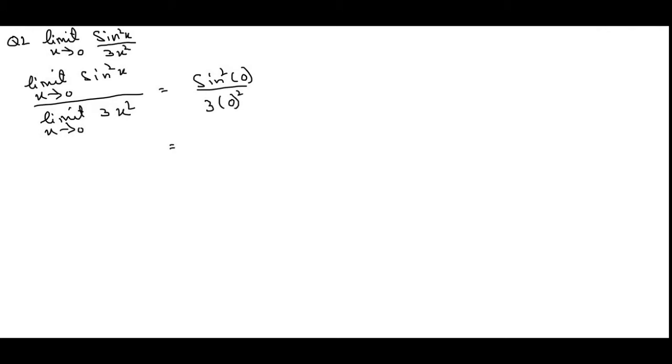Now the trigonometric value of sin 0 is again 0, and 0 multiplied by any value is again 0, so 0 over 0, which is indeterminate form. So apply again L'Hopital rule here.